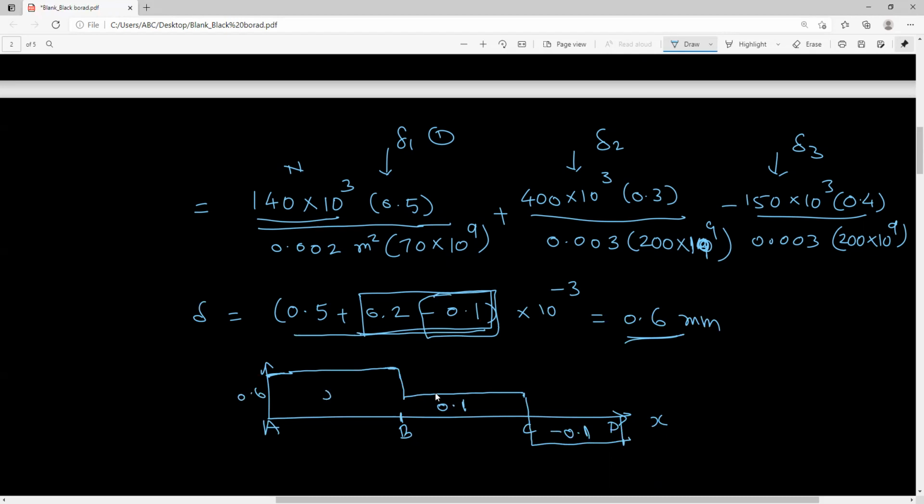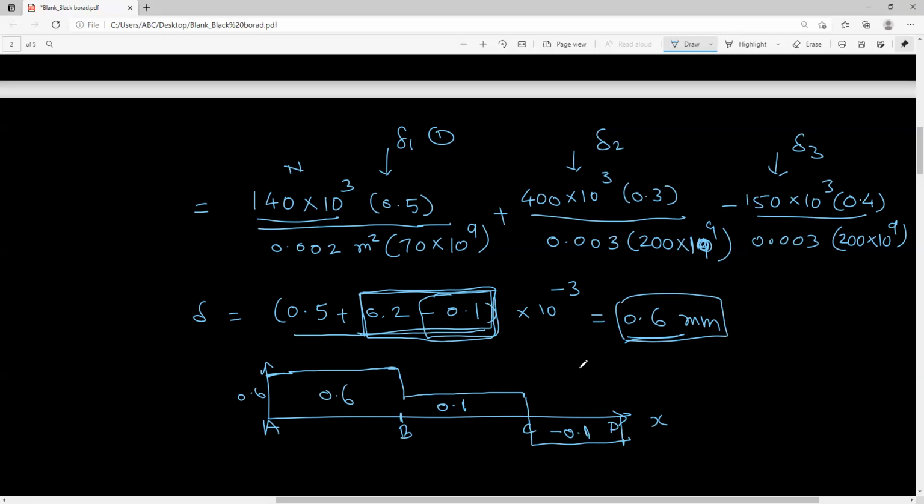So this is how you can visualize the total deflection, which is 0.6. And if you want to take the deflection in the second part, you have to take the summation of the second and the third part, and then the last part. So this is how the deflection works.